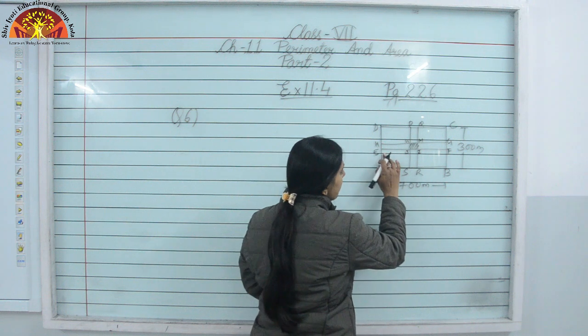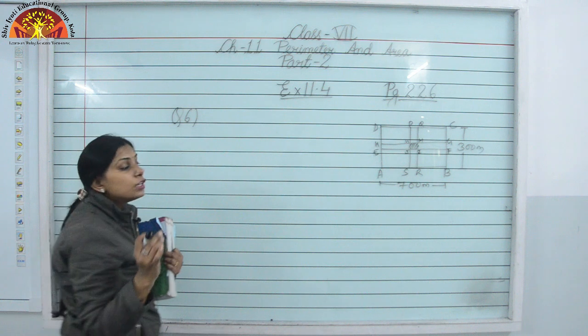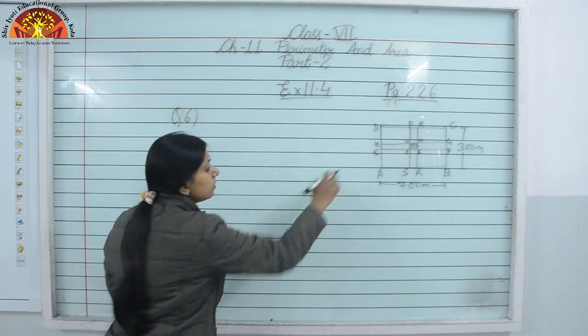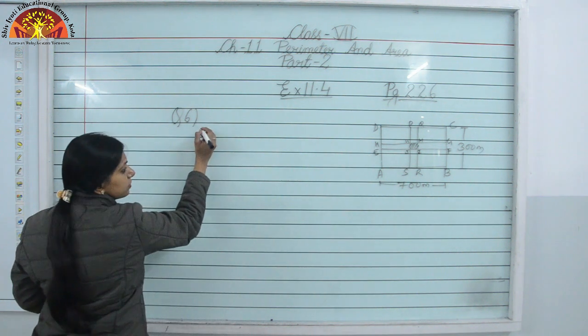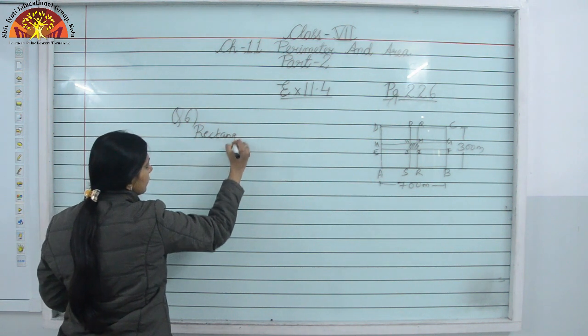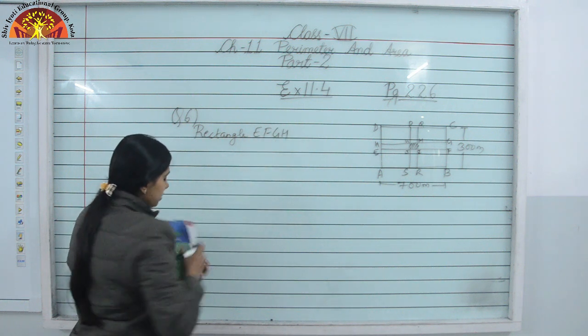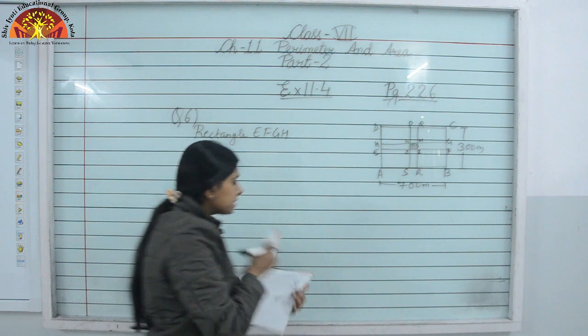Is it clear? Now first of all we'll just find the dimensions of this road. ये क्या हमारे पास रेक्टेंगल EFGH है, तो first we will just talk about the road EFGH, that is rectangle EFGH, and width of the road is given to you, that is 10 meters.